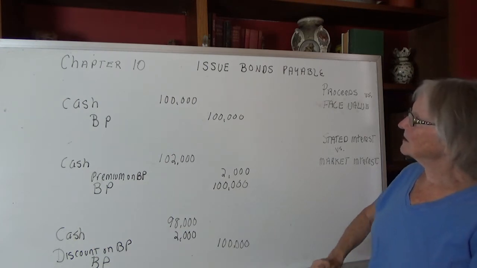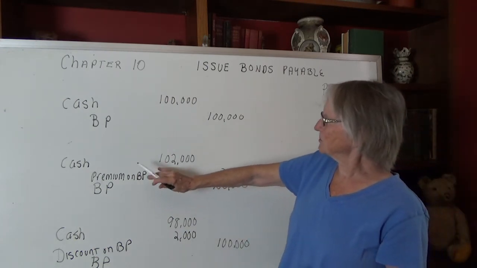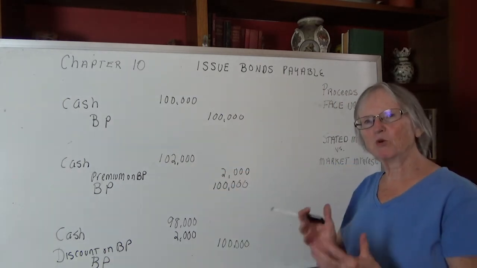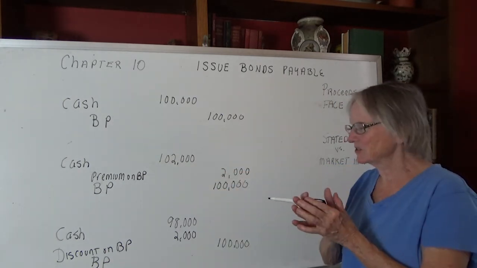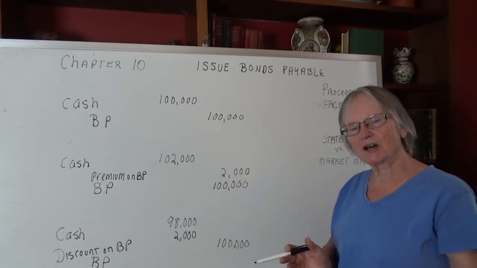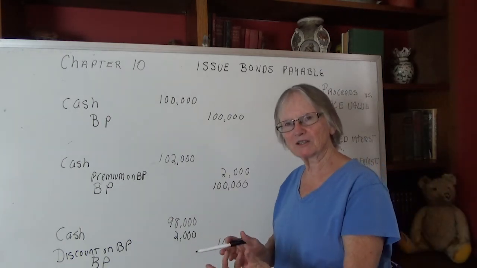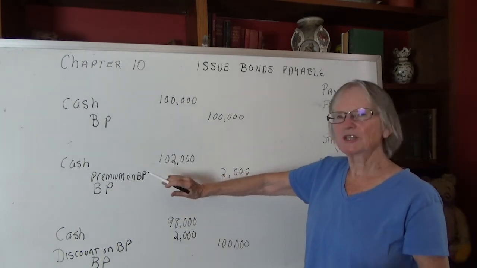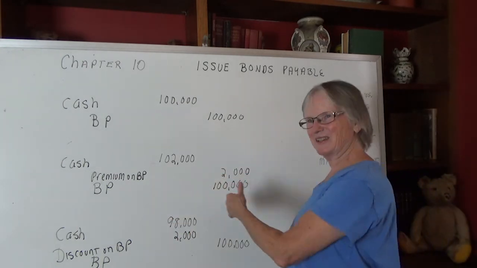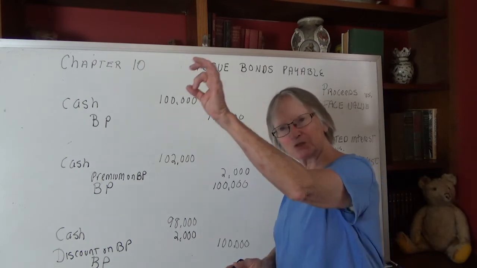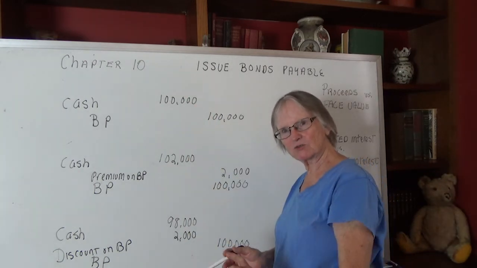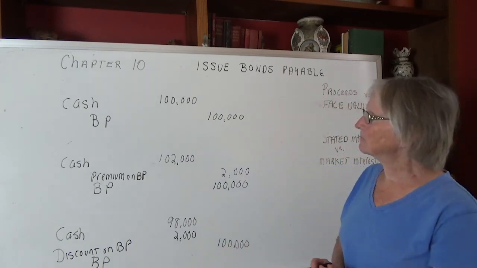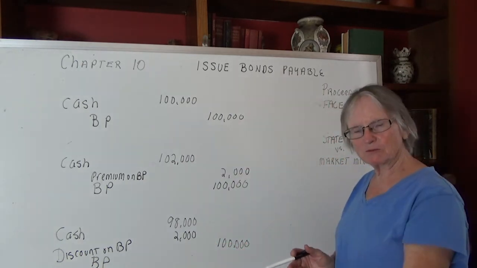So if people are willing to pay more, chances are our bonds are paying more in their stated interest rate than other similar bonds on the market. In other words, other bonds on the market might be paying only 8% interest, but we're paying 10%. So they'll get 10% interest each year, as opposed to other companies that might be paying them less.